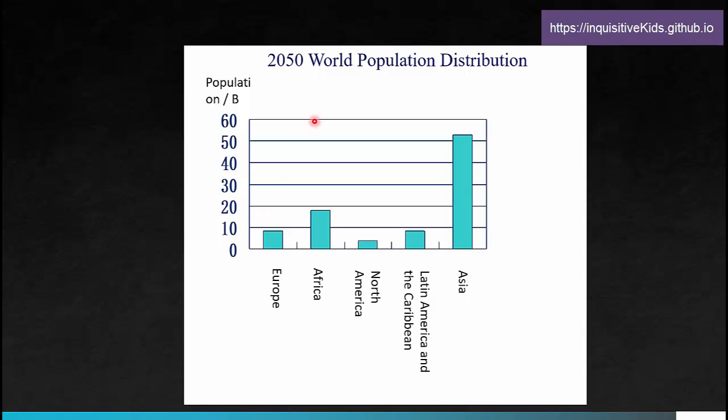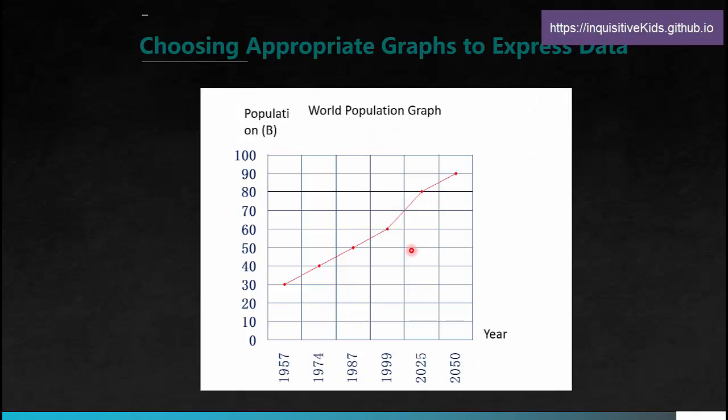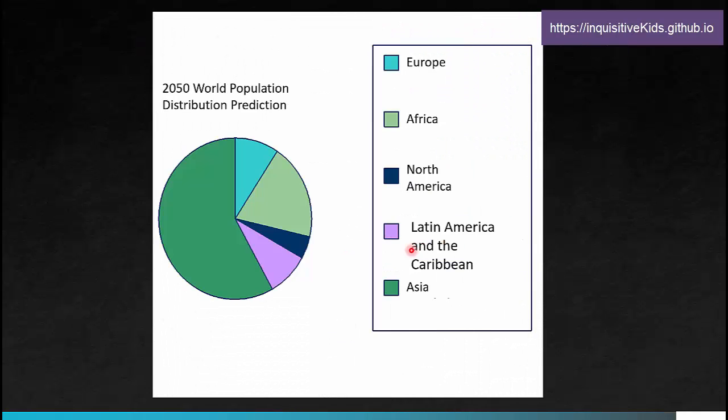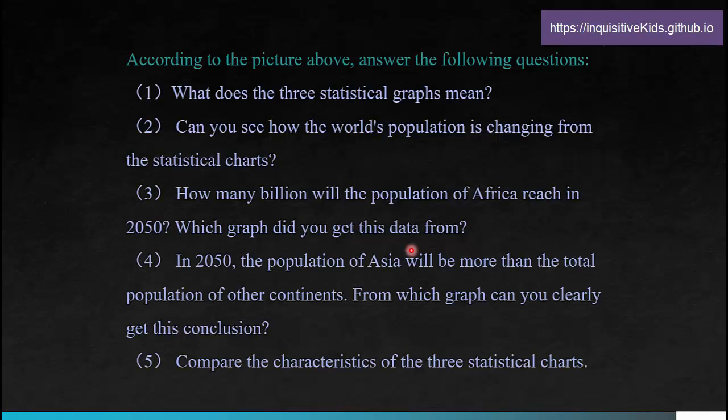And this time, as you can see, it is the world population distribution, which is Europe, Africa, North America, Latin America and the Caribbean, and Asia. These are all in the world population graph, the world, not just one particular country.